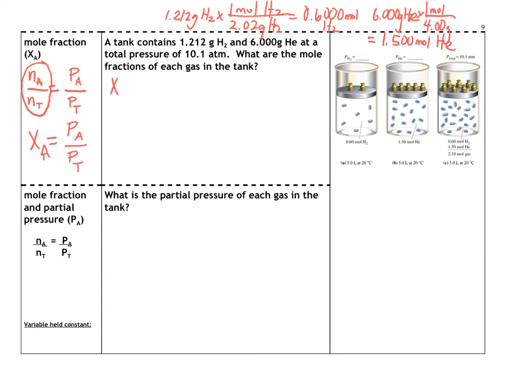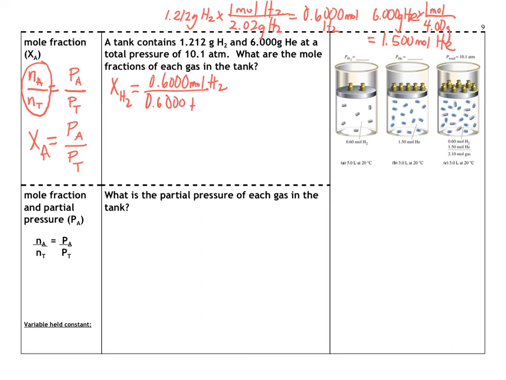So now that I have moles of both hydrogen and helium, I can do mole fraction for each of them. So what is the mole fraction of hydrogen? It's just the moles of hydrogen over the moles total, which if you add 0.6000 plus 1.500, you should get a total of 2.100 moles.